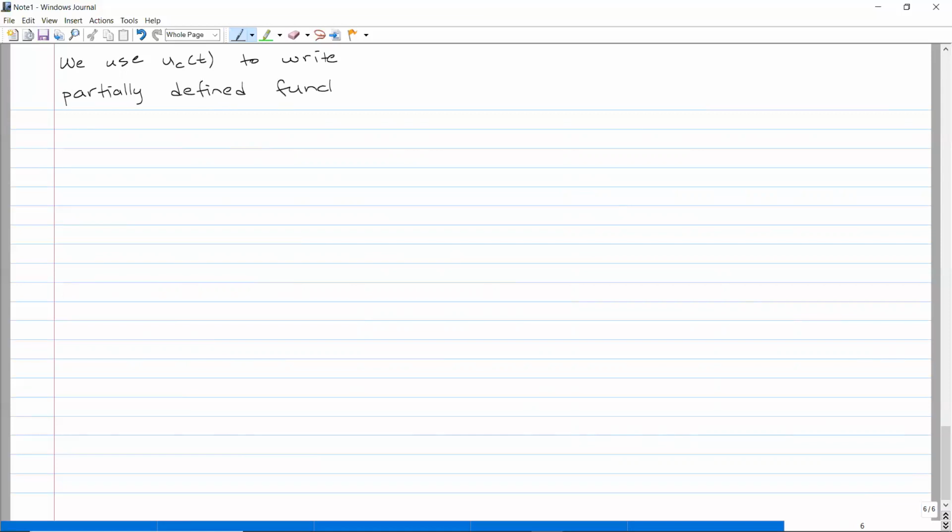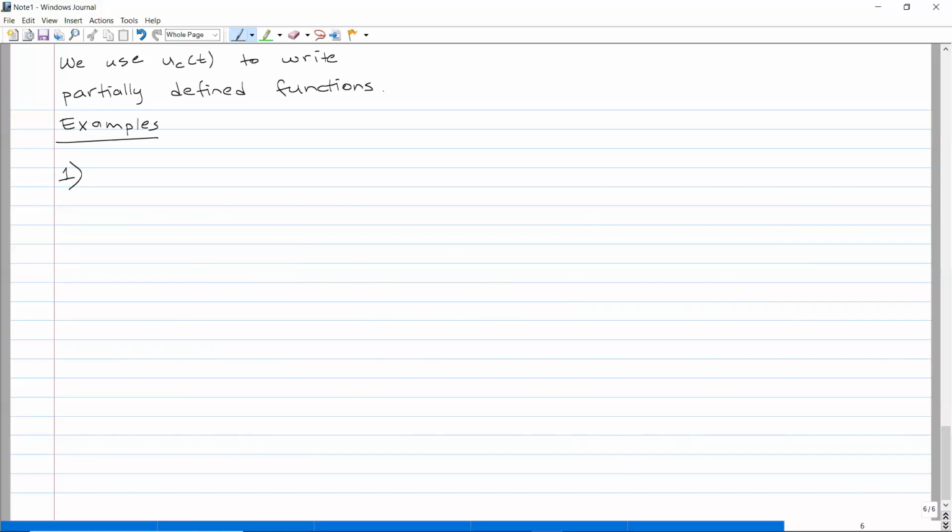I'm going to do this in examples. I'm not going to give you the general form, but explain how we do it in examples. For the general form, you can look at the lecture notes.